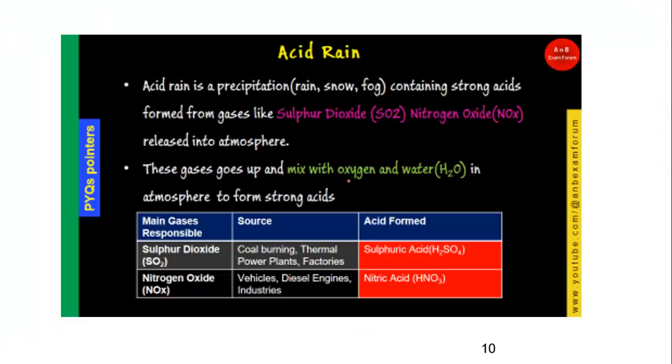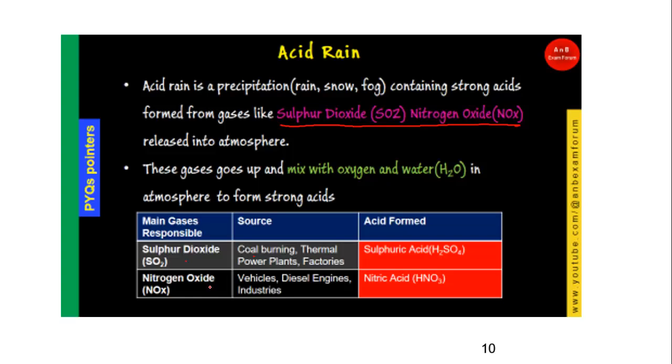Okay, so nitric acid is basically present in the acid rain. And we have seen in theory classes that acid rain is basically the rain which contains strong acid from the gases sulfur dioxide and nitrous oxide. As you know, sulfur dioxide, the source is coal burning, thermal power plants and factories. So when it mixes with the rain, or whatever water is in the atmosphere, it becomes sulfuric acid.